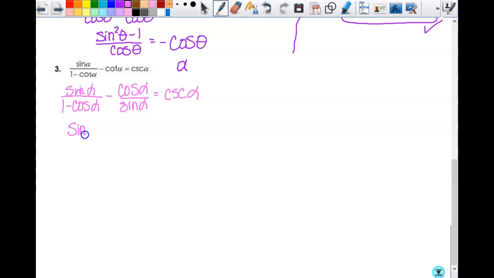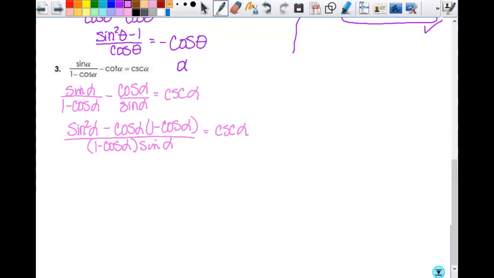So this will be sine squared alpha. This one I'd have to multiply by 1 minus cosine alpha over 1 minus cosine alpha. This will be minus cosine alpha times 1 minus cosine alpha. So then my common denominator is 1 minus cosine alpha times sine alpha. That's equal to cosecant alpha.